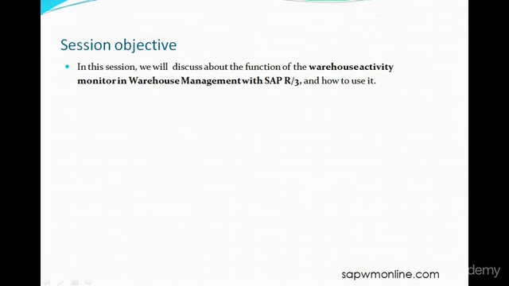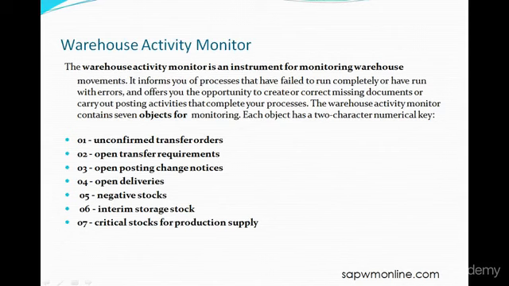Different organizations have different time frames to confirm the transfer order or complete the process that has been initiated. In a Warehouse Activity Monitor, you can keep watch on what is pending and what has become critical based on the time frame set as critical for a particular process.